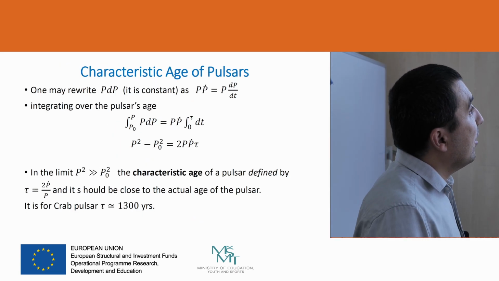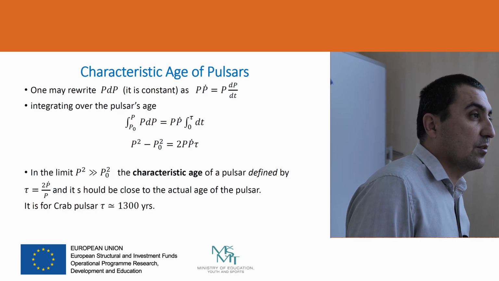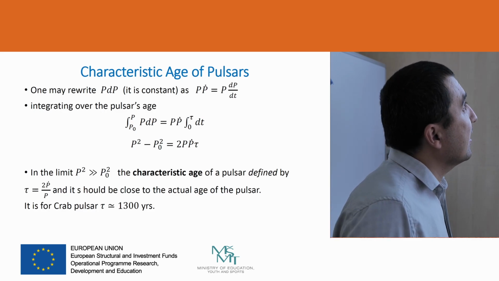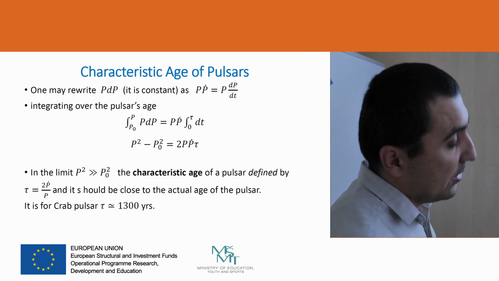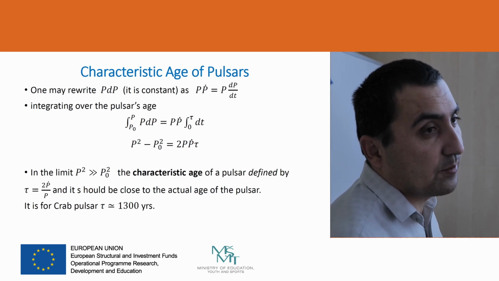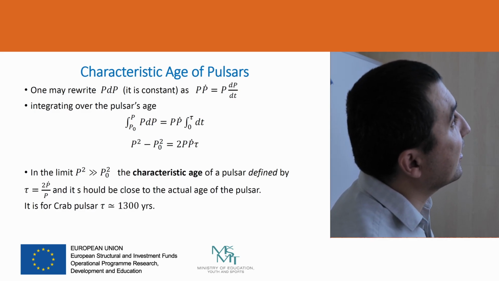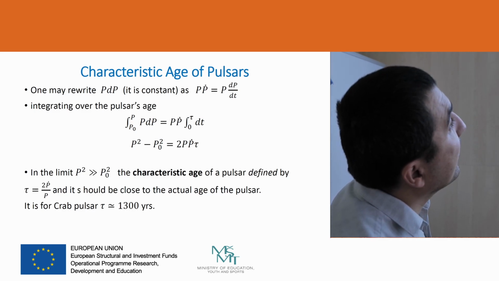So, what is the characteristic age of pulsars? It means how long a pulsar has been radiating an electromagnetic field.